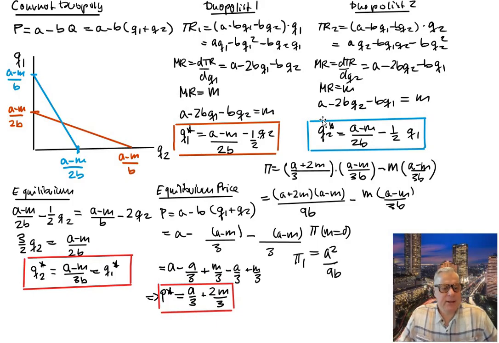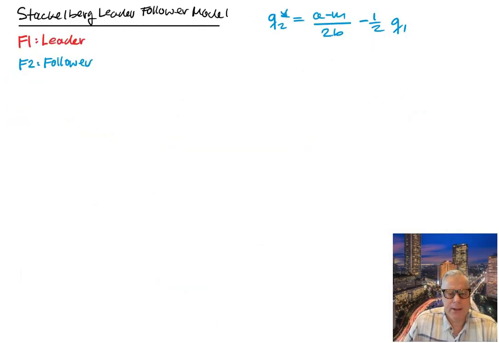So as I said, the Stackelberg leader-follower builds on the Cournot duopoly. Essentially what it does, it converts a simultaneous game into a sequential one. Okay, and we also need to remember that the price is equal to A minus B Q1 minus B Q2.